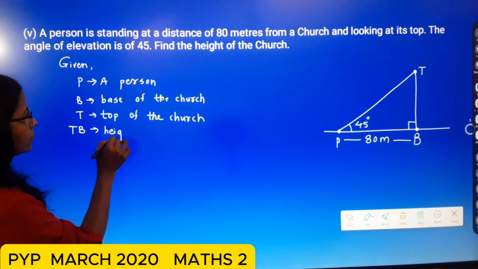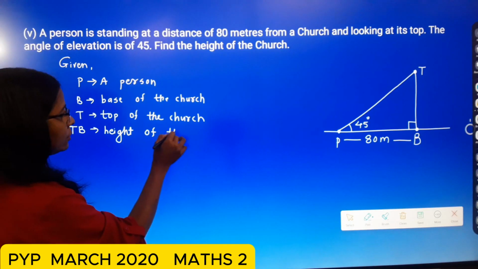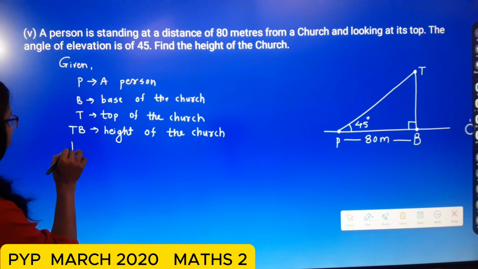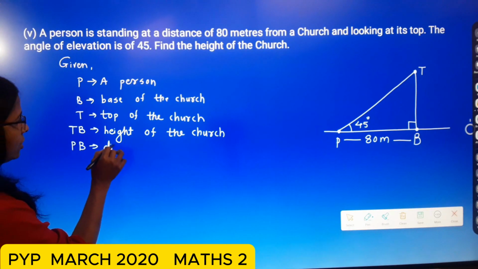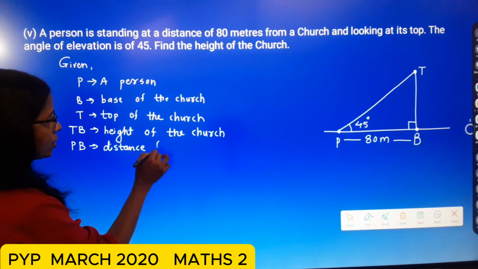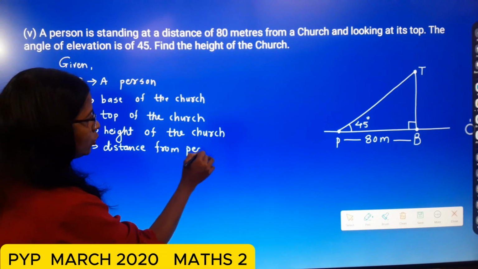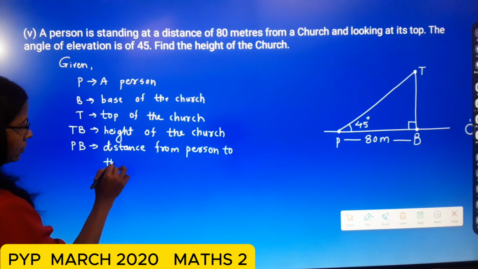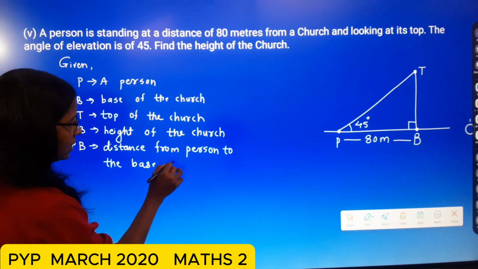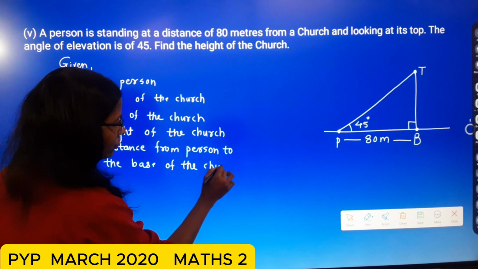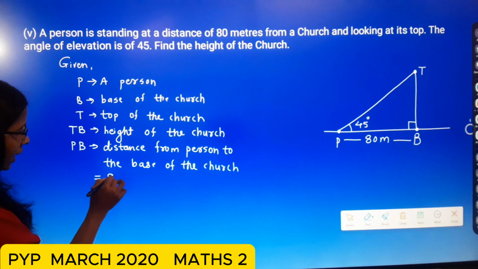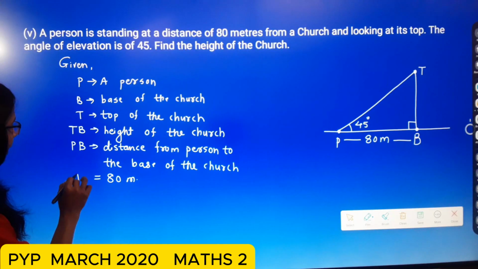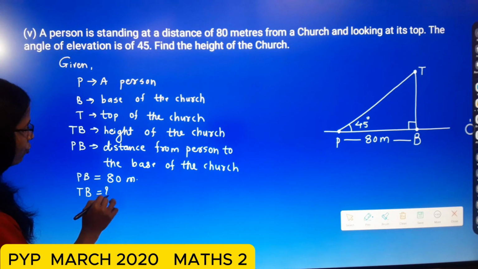Now PB is the distance from the person to the base of the church, and that is equal to 80 meter. And we have to find out TB, so TB is equal to question mark.